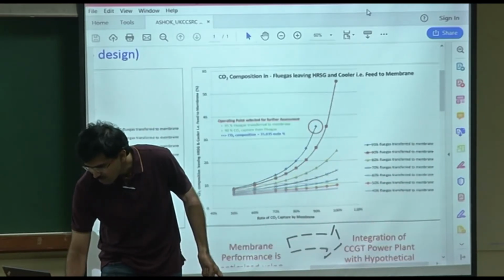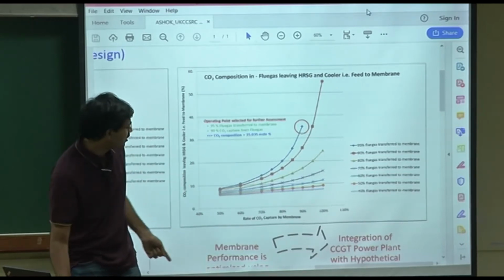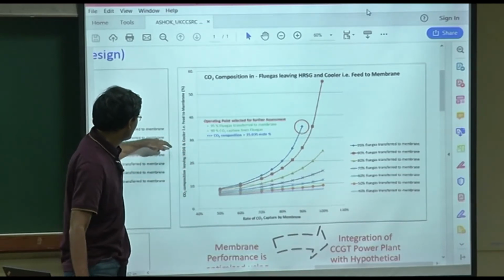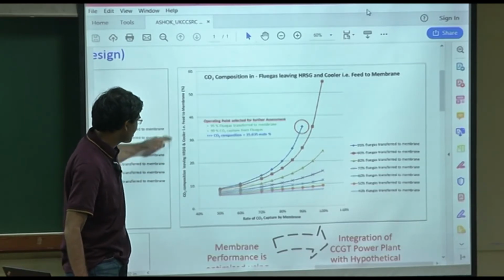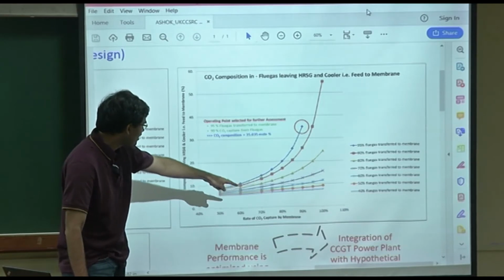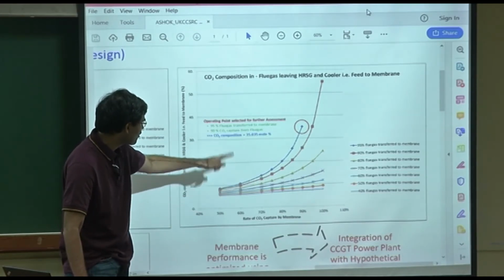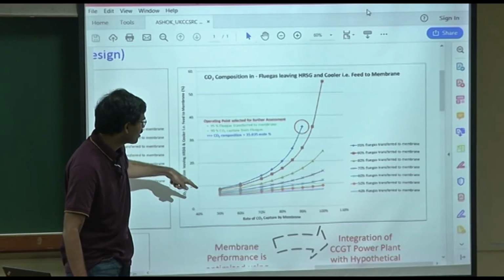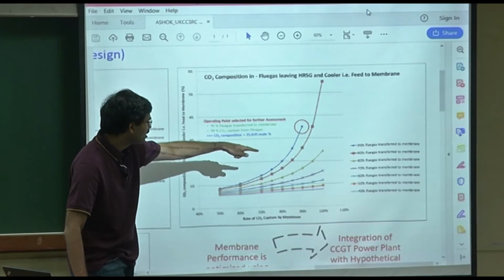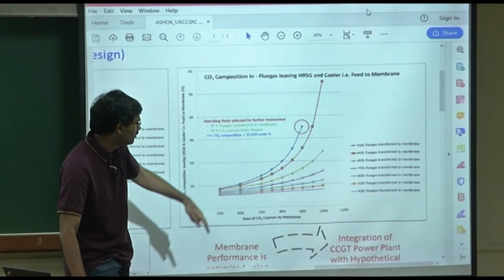And the same operating point I made sure through various other topics, like carbon dioxide leaving the HRSG, and so basically the same 91% carbon dioxide capture, 90% carbon dioxide capture, and the other parameters I tried to evaluate for a wide variety of this proportion of flue gas transferred to the membrane.